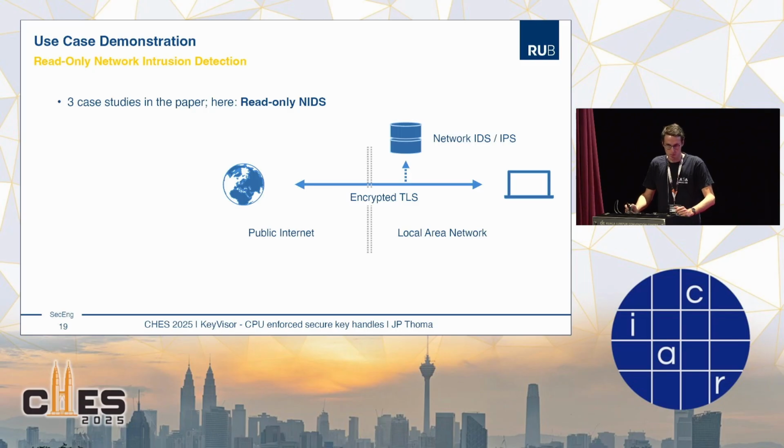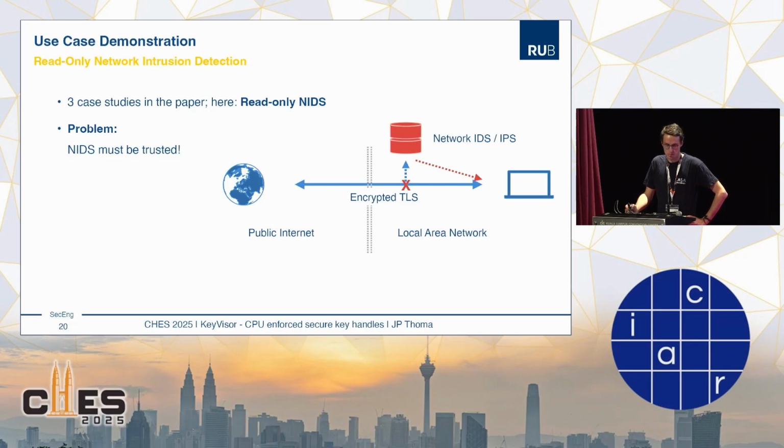And if you don't trust your local network administrator, or if someone manages to attack the NIDS, then the intrusion detection system could manipulate the traffic and change the data that is being exchanged between the client and the internet.